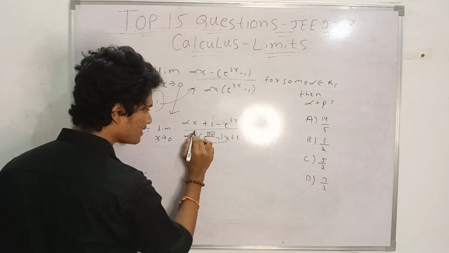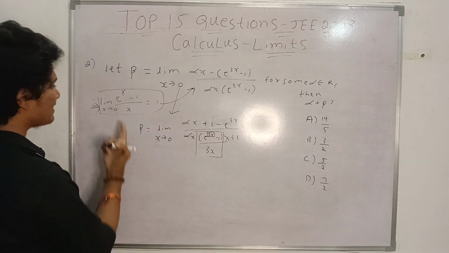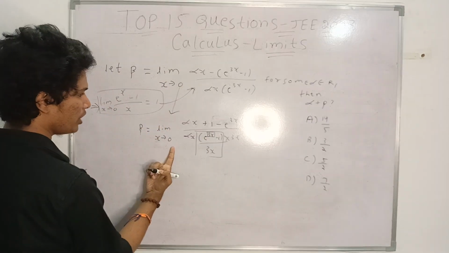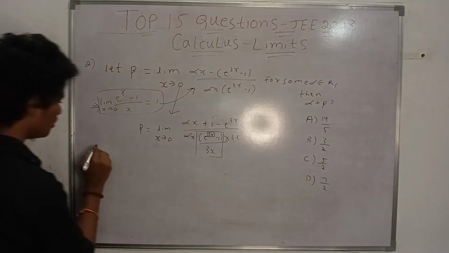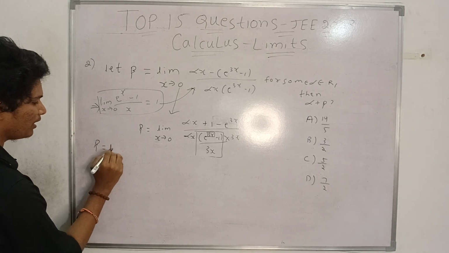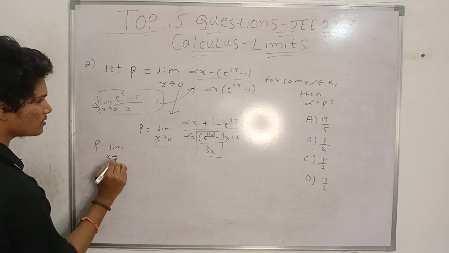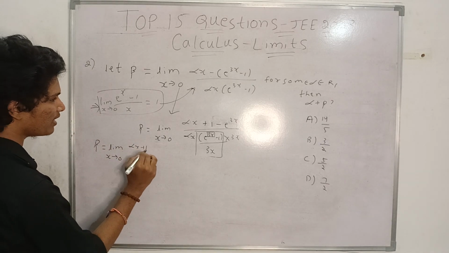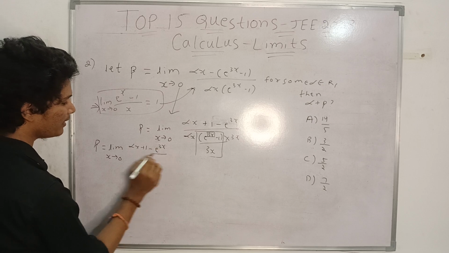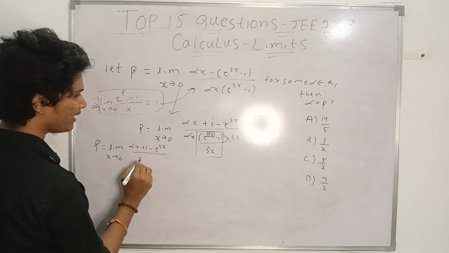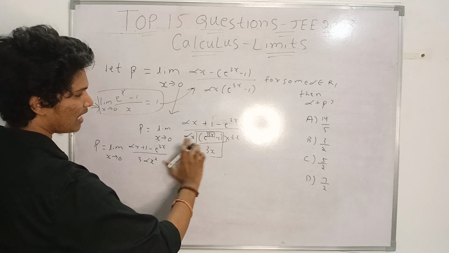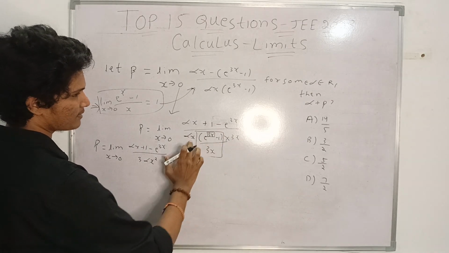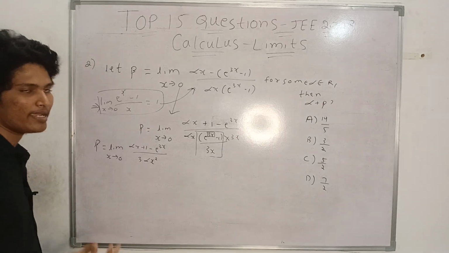So when we observe this, it is clear that when the limit is approaching 0, this thing will become 1. So we can write beta equal to limit x tending to 0 of alpha x plus 1 minus e power 3x divided by 3 alpha x square. Why? Because this thing is alpha into 3x into x, which becomes 3 alpha x square.